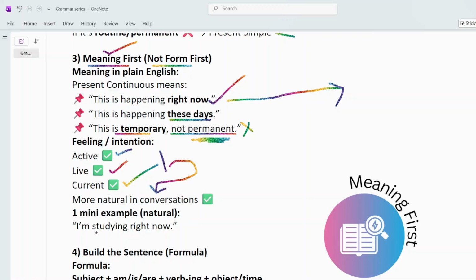Example, I'm studying right now. It's pretty much alive, right? The sentence is alive. It's not like you're talking about something that has happened or something that you're thinking about. You're just saying, I am studying right now. All right, you can actually pause the video here, okay, and replace studying with any other verb in an ing form.